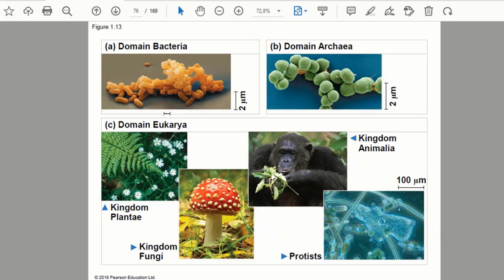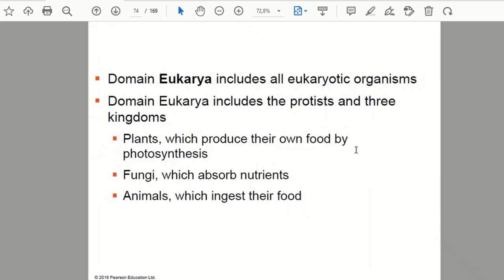So this is just an illustration of a diagram where there's a domain Bacteria, a domain Archaea, and a domain Eukarya, where there's a kingdom Plantae and kingdom Fungi. Like here they mentioned that if you remember, the eukaryotes include the protists and three kingdoms, which are kingdom Plantae, Fungi, and also animals, which ingest their own food.